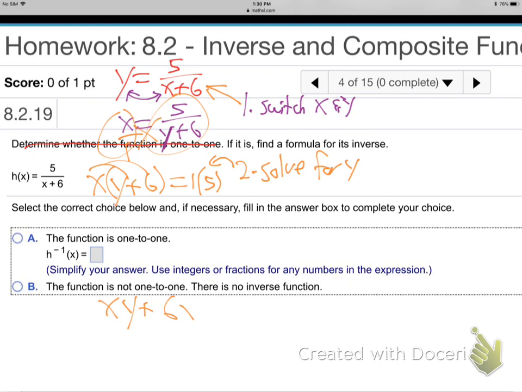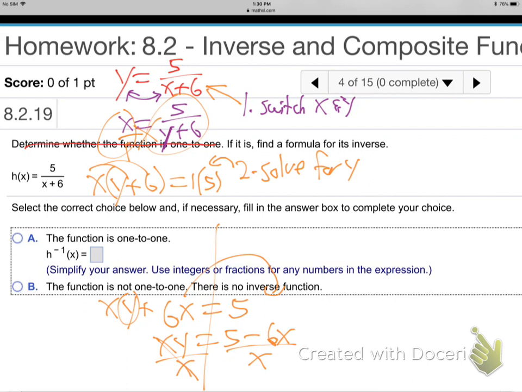xy plus 6x equals 1 times 5, which is 5. Everybody good to there so far? How do you solve for y? Y is saying, here I am, and I want to be alone on my side of the wall. Subtract 6x. So jump this 6x to the other side, then divide by x.